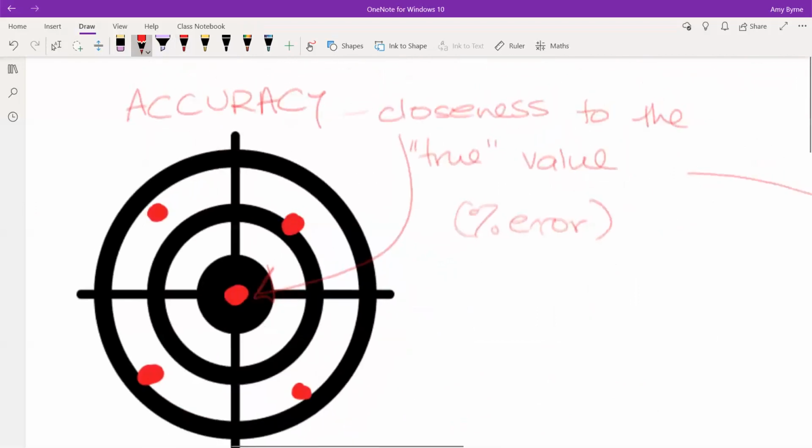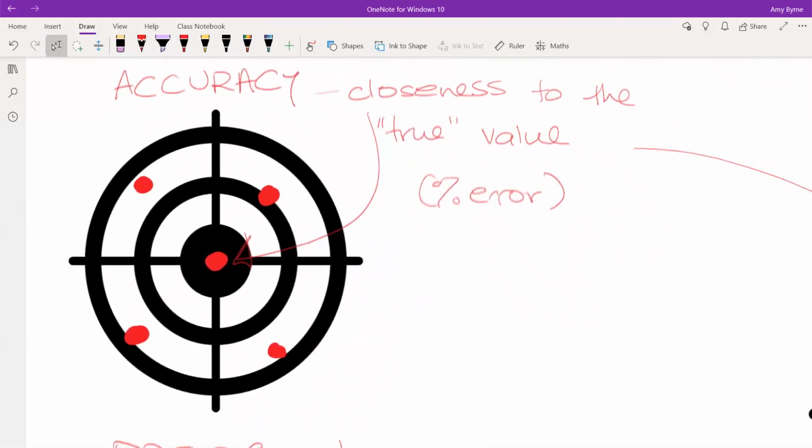So with accuracy, so this closest to the true value, accuracy tends to be able to be improved by going for more precise equipment.